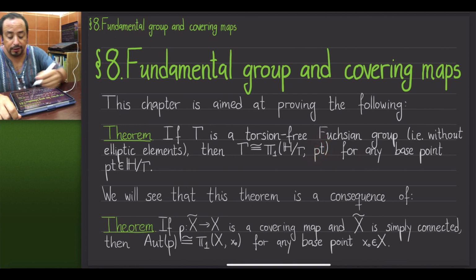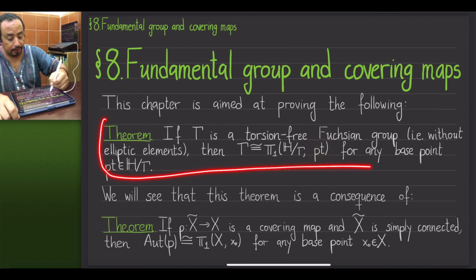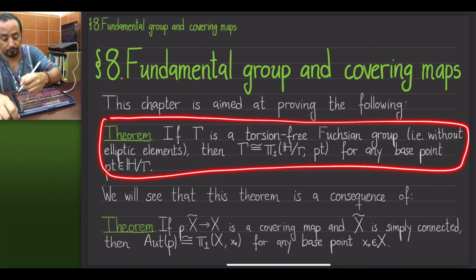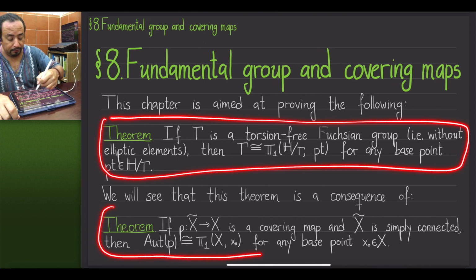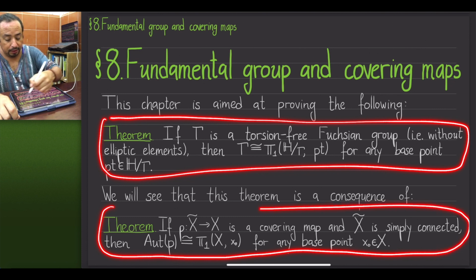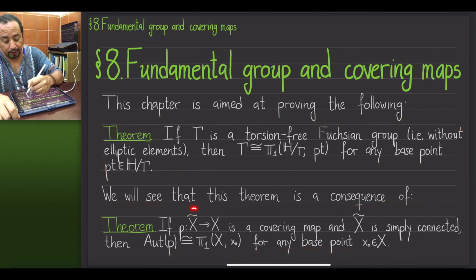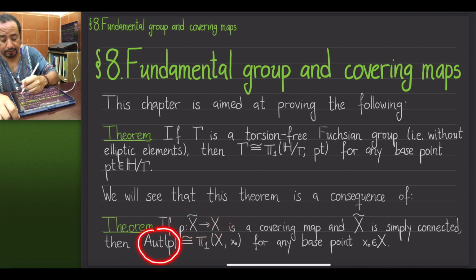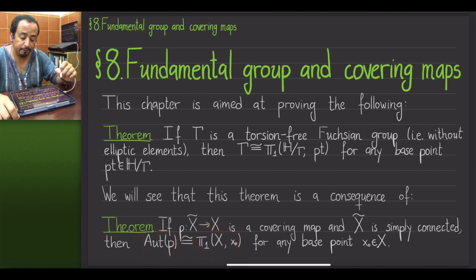And we're going to see this theorem as a consequence of this other theorem from algebraic topology, which says that if we are given a simply connected cover of a topological space X, then the group of deck transformations of this simply connected cover is isomorphic to the fundamental group of the space based at any point.